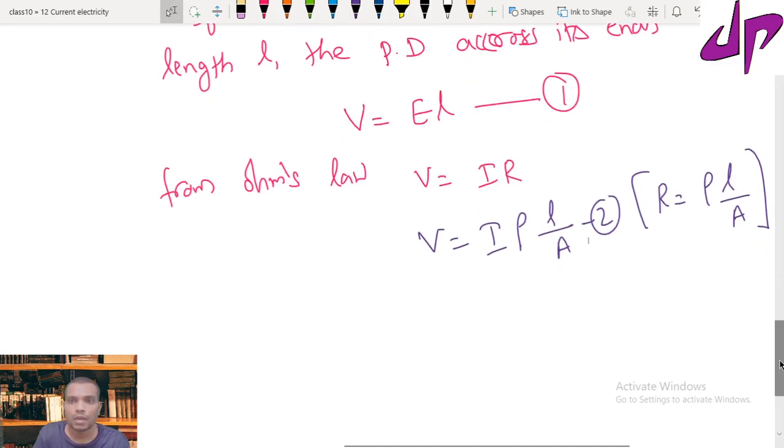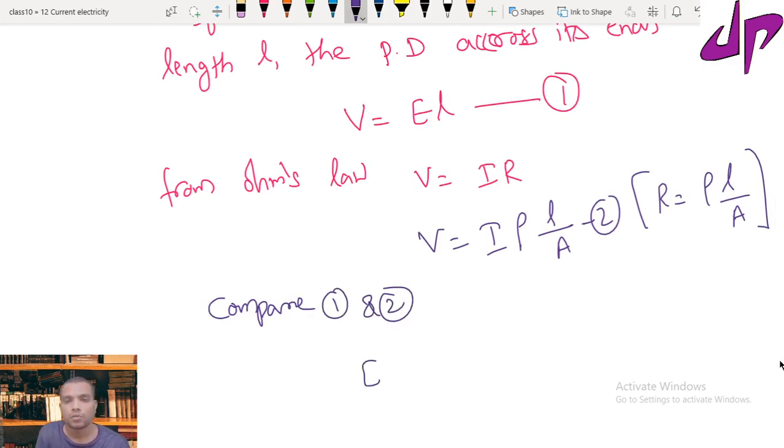Now if we compare 1 and 2, E times L equal to I times rho times L upon A. Now cut the like terms: L gets cancelled.